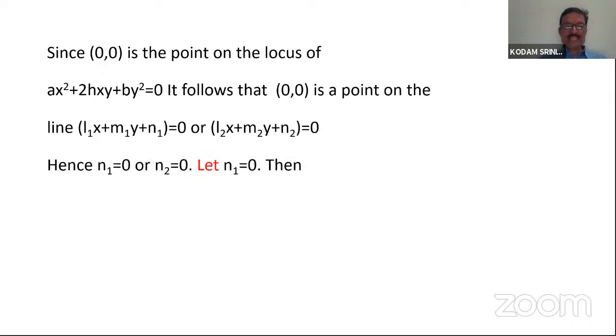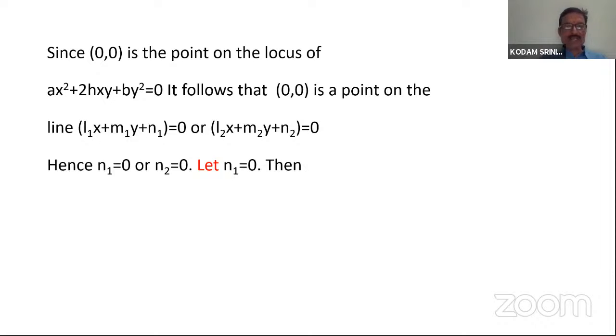Hence in this case, N1 equal to 0 or N2 equal to 0, so the origin lies on the first line as well as the second line.